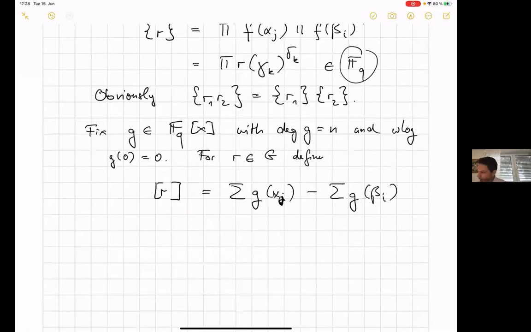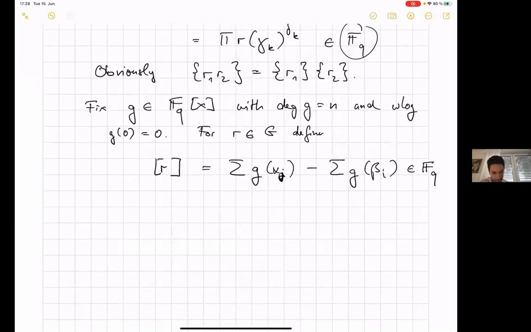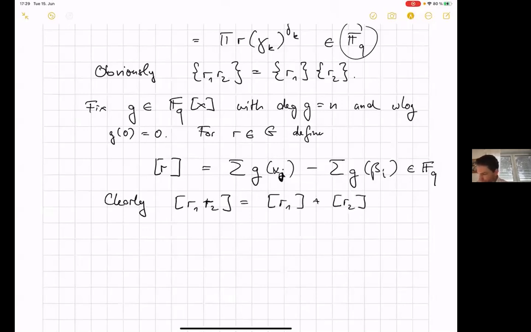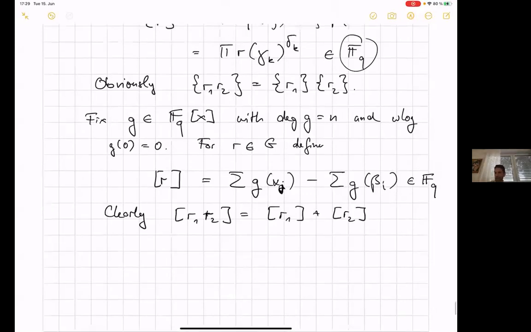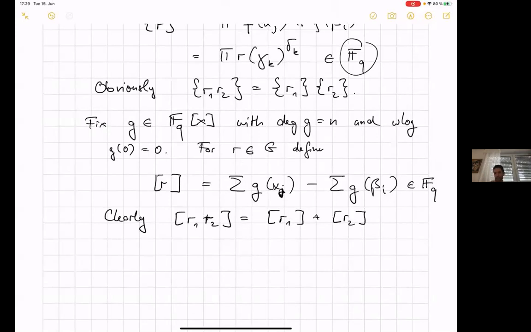And again, by the same argument by Galois theory, this is not only in F_q bar, but it's actually in F_q because it's symmetric. So, clearly this is additive. So [R1 R2] is [R1] plus [R2]. So this is something good to put into an additive character, whereas the curly bracket is good to put into a multiplicative character.